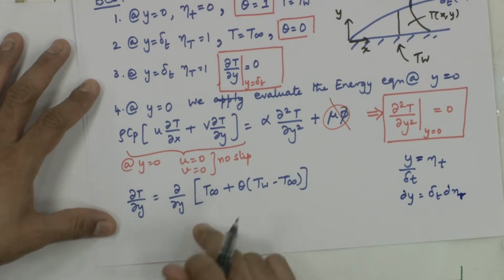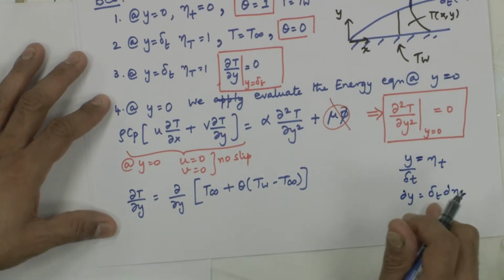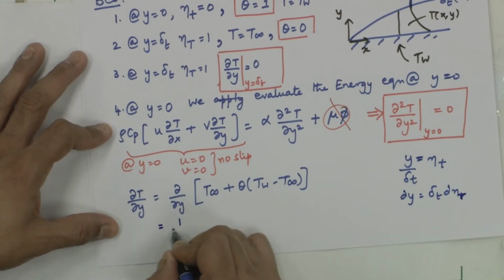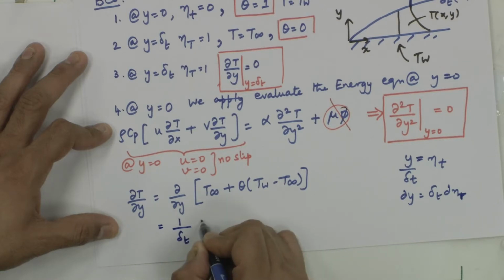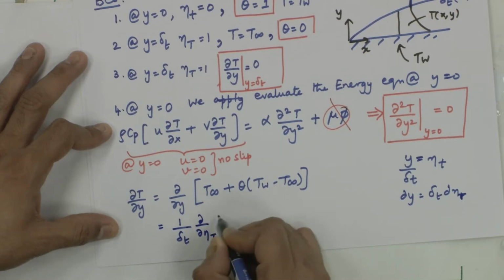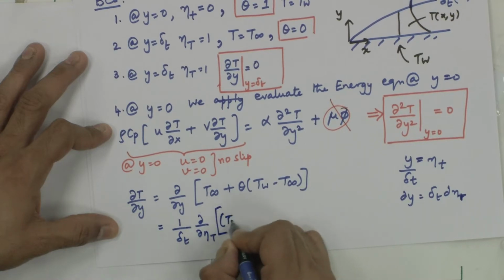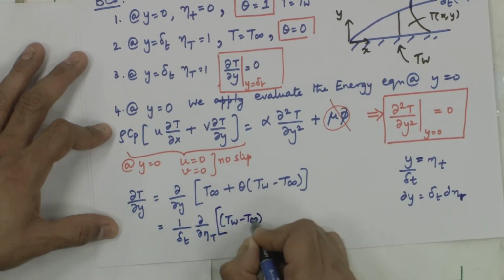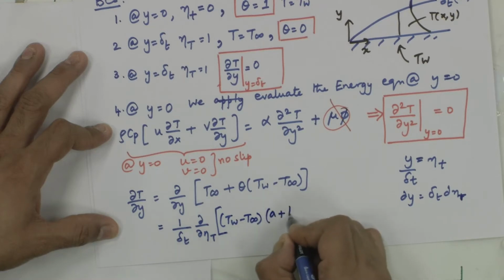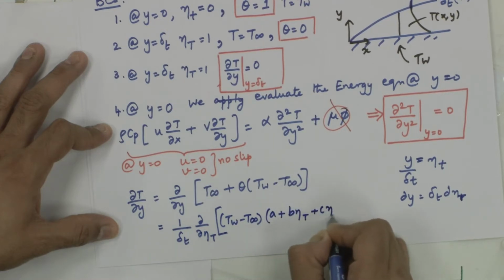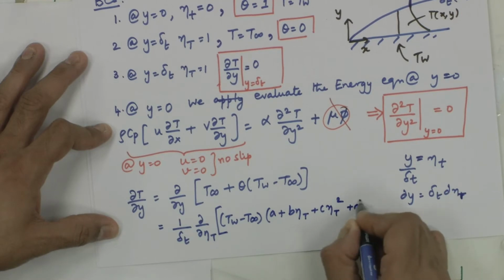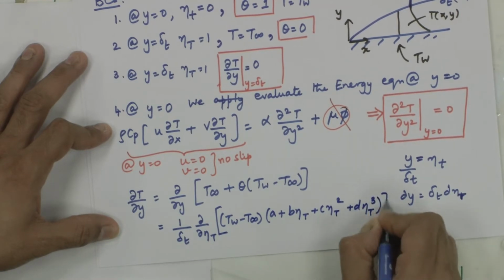Using this relationship, I would write this as 1 over delta t d by d eta t of (T wall minus T infinity) times theta, which is a plus b eta t plus c eta t squared plus d eta t cubed.